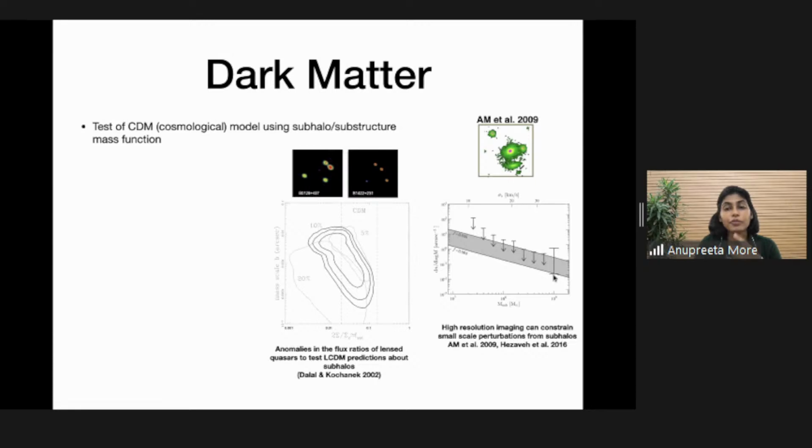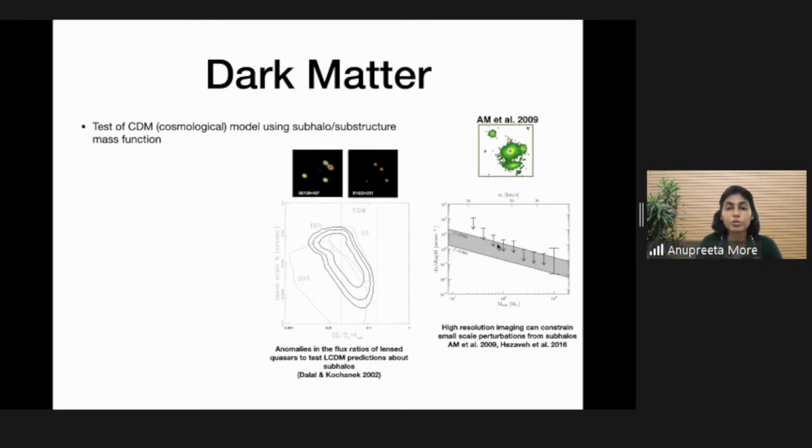And this tells us that if you have a large sample of lenses where you have some model for the subhalos which are distributed in some manner within these galaxies or clusters, then by looking at these perturbations to the positions of the images and making a model and testing these various models, we can then put constraints on the mass function of these subhalos, meaning how many halos of a certain mass are expected to be found in galaxies or clusters and so on.